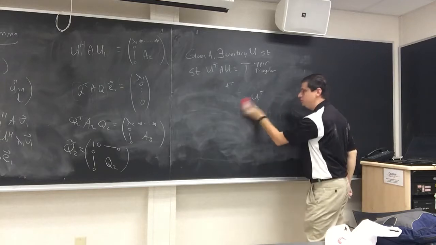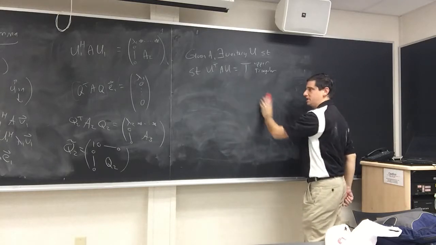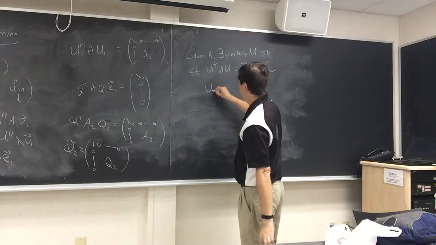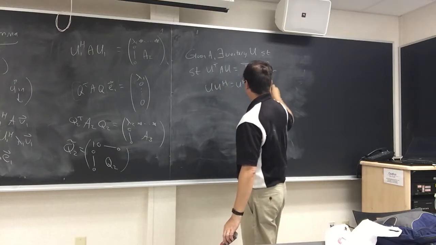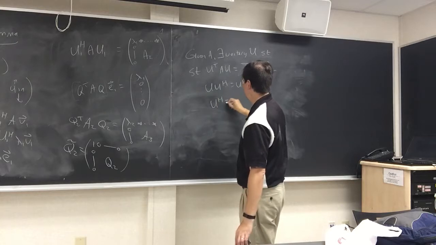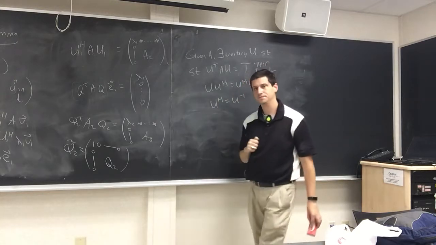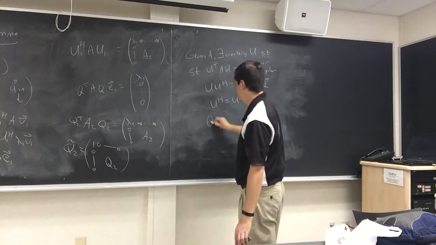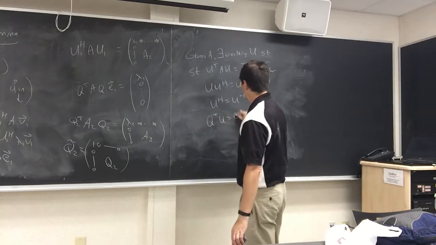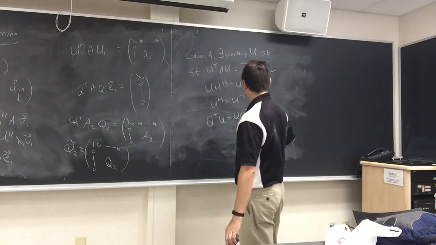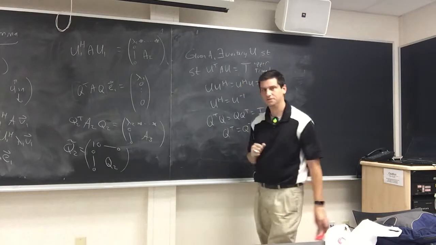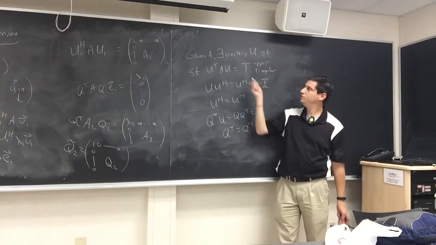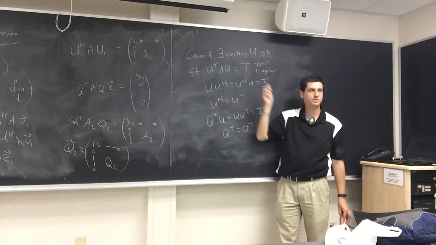Unitary is U Hermitian U equals U U Hermitian equals the identity. Another way of saying this is U Hermitian is U inverse. For orthogonal matrices, it's Q transpose Q equals Q Q transpose equals the identity, so Q transpose is Q inverse. And so now if you go through things with complex Hermitian, you get something very similar.